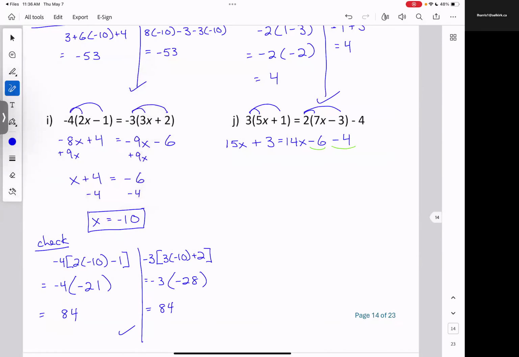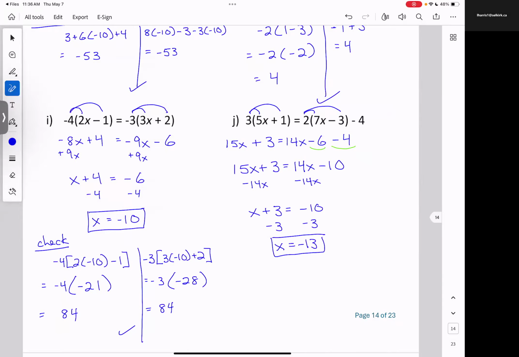We can combine those to get minus 10. And now let's subtract 14x from both sides to collect our x's on the left. And then let's subtract 3 from both sides to end up with a solution of x is negative 13.